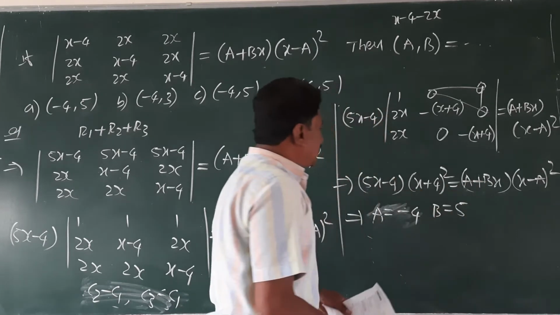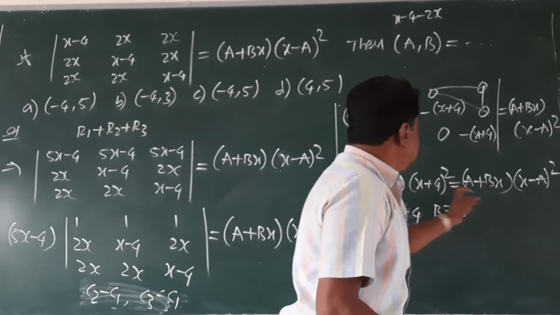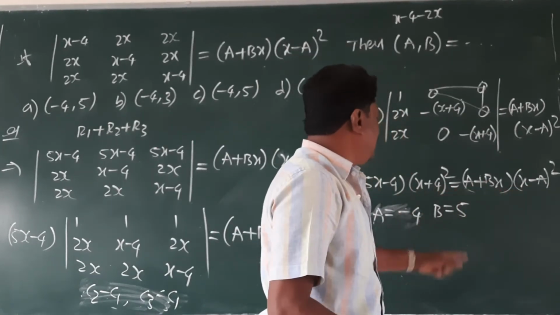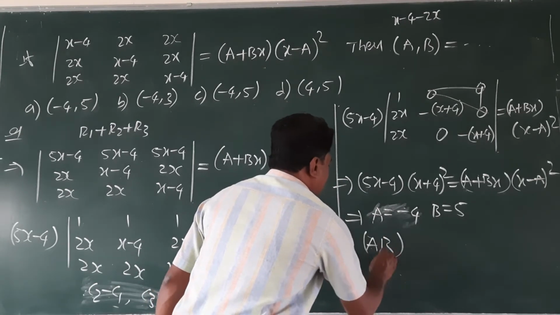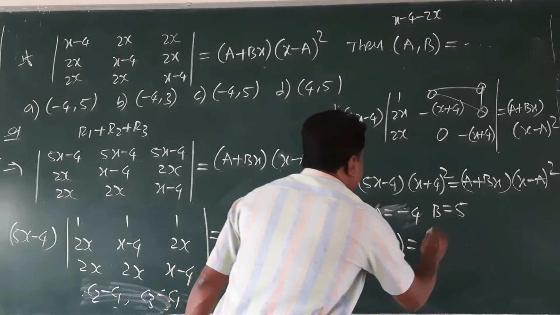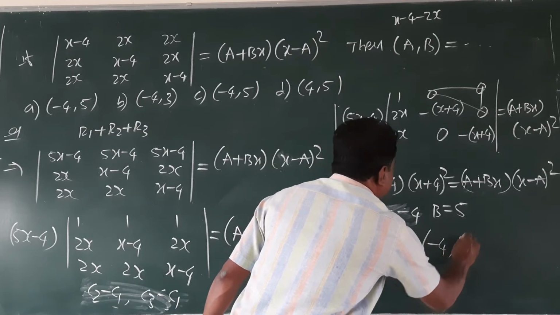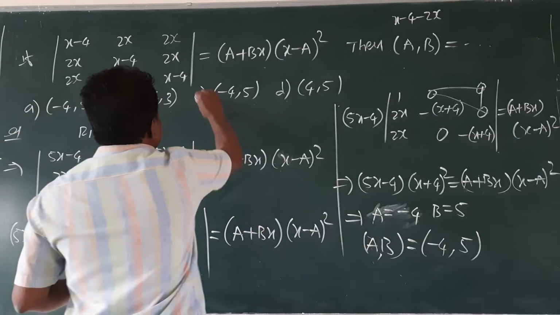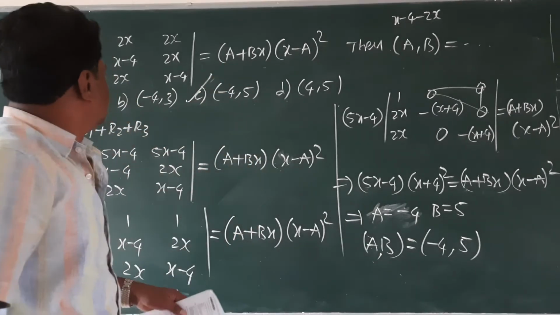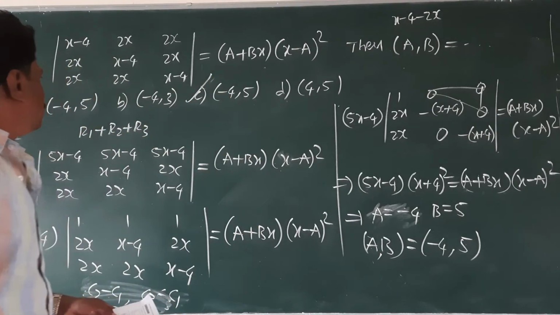Is it correct, students? The ordered pair (a, b) is (−4, 5). The answer is C. I hope you understood, students.